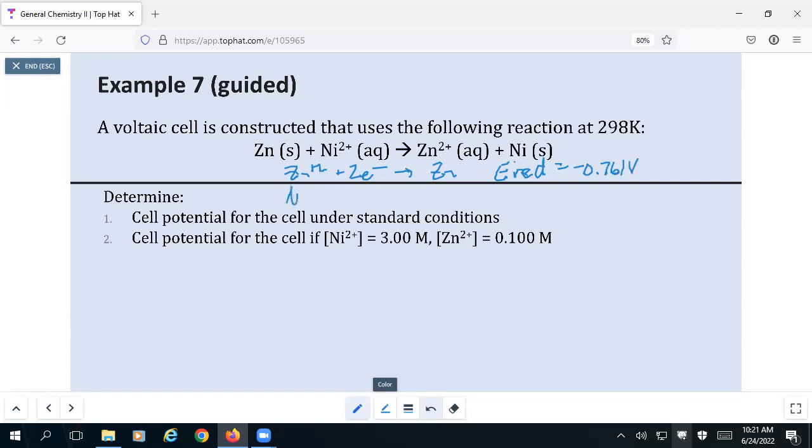And the other one we've got to look for is the nickel ion turning into nickel metal, and the reduction potential there is negative 0.251.